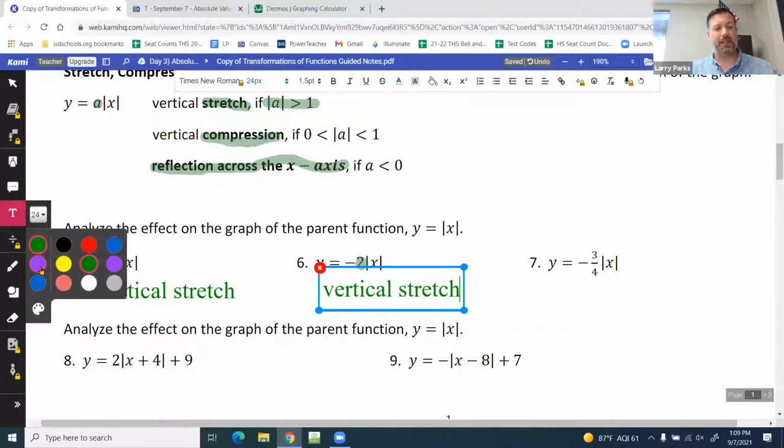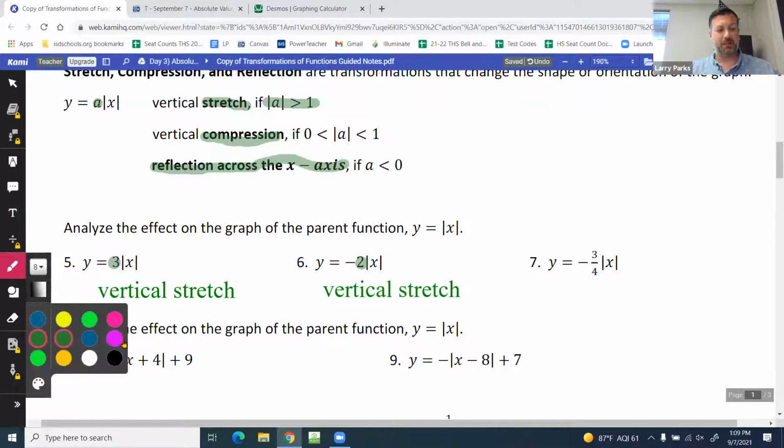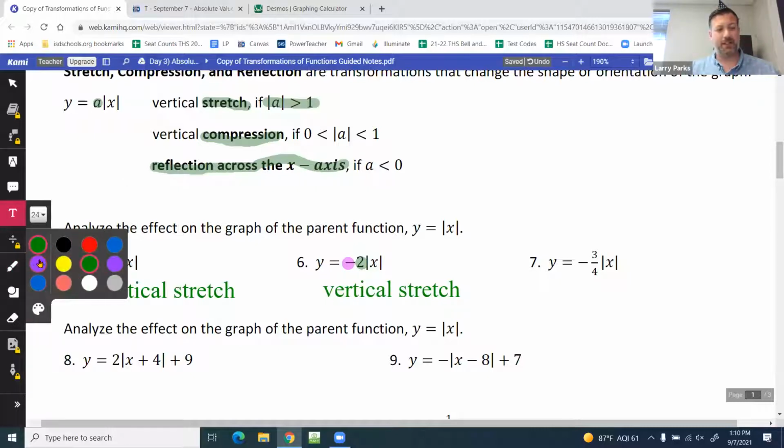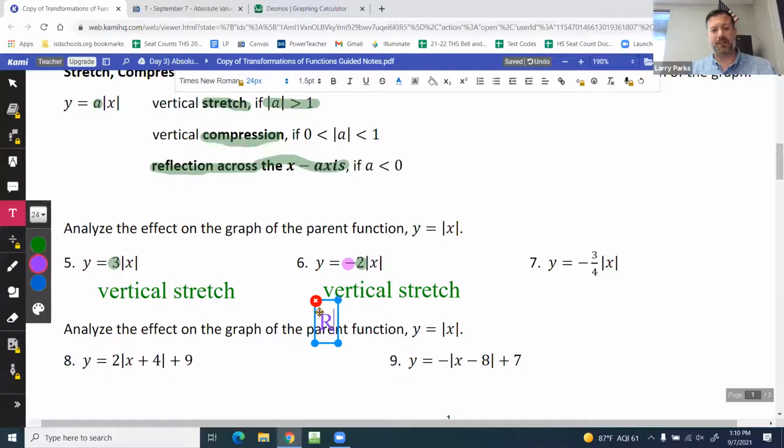And then the negative sign right here, remember, if it's negative, it reflects across the x. So then I would say, for that negative sign, reflects across the x-axis.